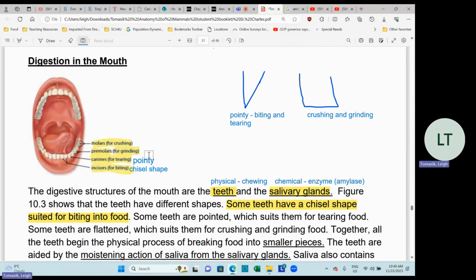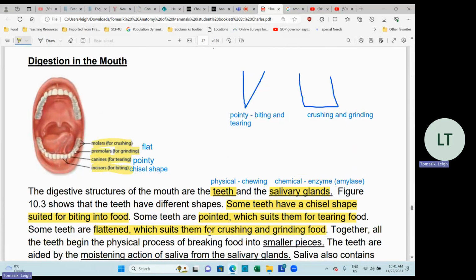And these are like flat. All right, enough of my bad pictures.